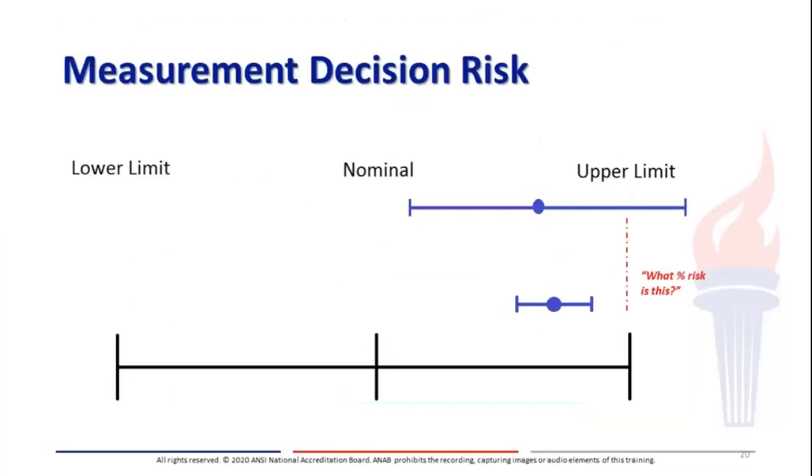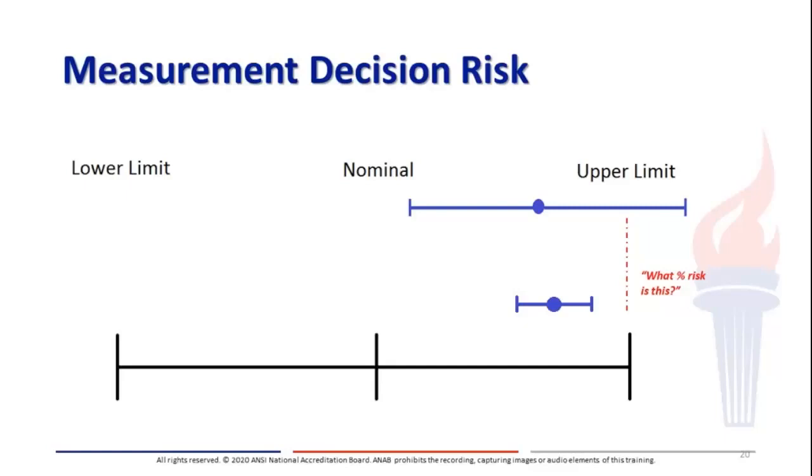Okay, so here's a quick visualization of what we have. In the black down at the bottom, we've got a lower limit, a nominal, and an upper limit. As part of the measurement process, the blue dots that we see there may be the actual measurement that's happening, and the lines extending from the blue dot are the uncertainty. At the top line there, we can see how the uncertainty breaches that upper limit.